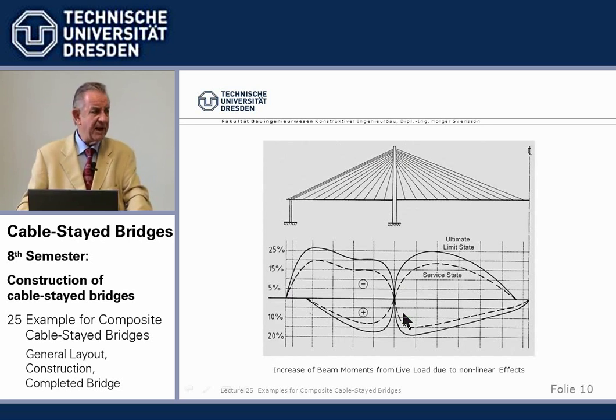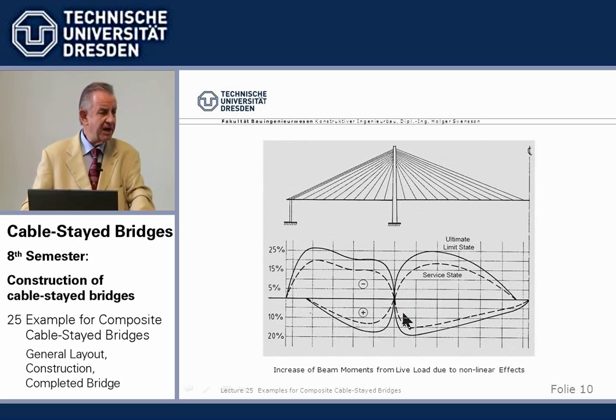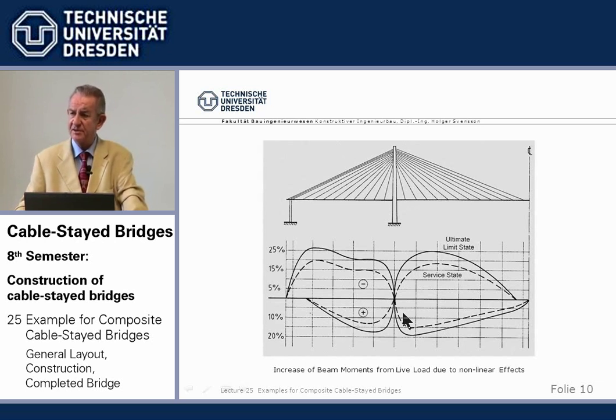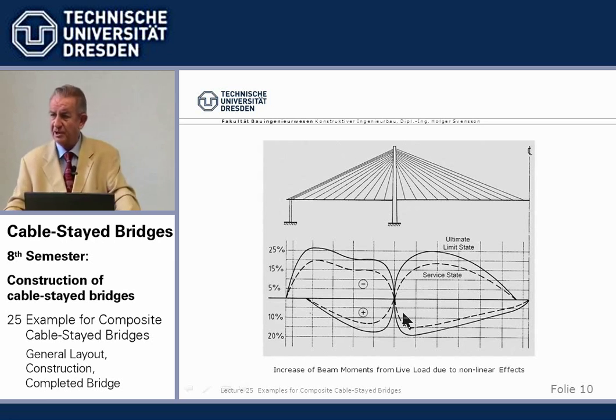We are rather slender. We have a 381 meter span with about 1.8-something meters depth, which gives us 1 in 200 slenderness for the beam. And it's an open section, not a box, so it's rather wobbly.